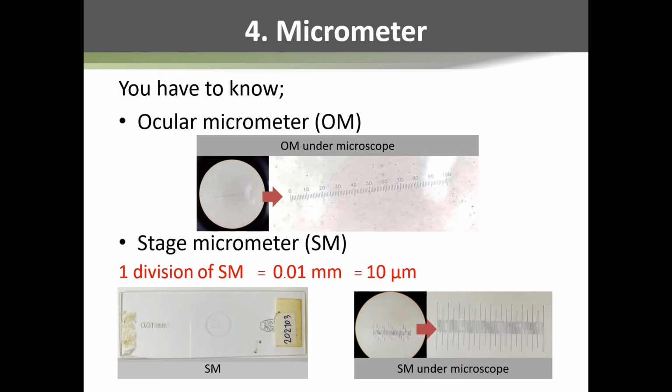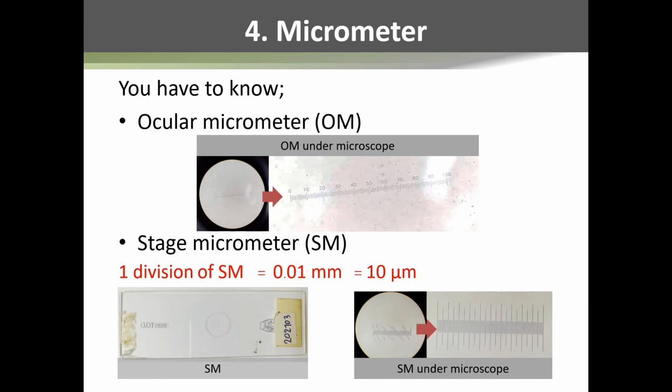The first one is an ocular micrometer, and the second one is a stage micrometer. An ocular micrometer is a glass disc that fits in a microscope eyepiece. When looked through the ocular lens, marks with numbers 0 to 100 can be seen. The length of the marks on the scale depends on the degree of magnification.